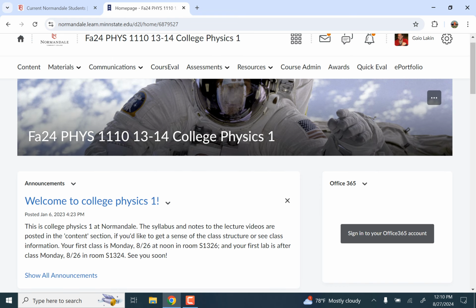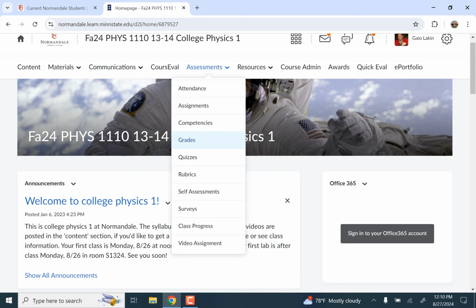As for the layout of the D2L page, most of the stuff that I'm going to give you is in this content section. Assessments are where you're going to look at your grades once you start turning stuff in, and where you're going to turn in assignments. To turn in assignments, you'll go to assessments, assignments, and drop files into the defined folders.